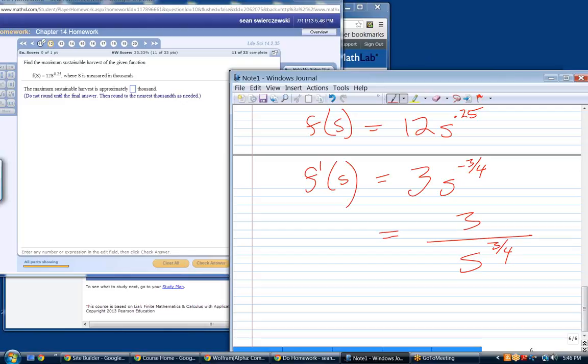So f of s is the maximum sustainable harvest. And we don't know what s is. It's just measured in thousands.